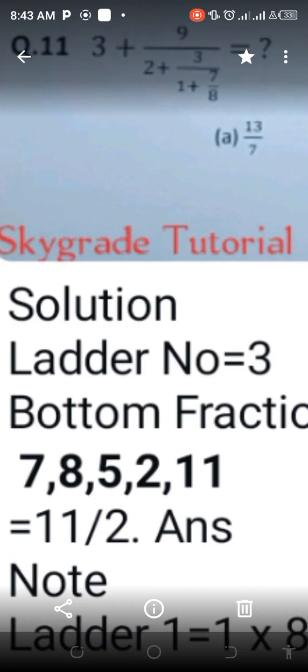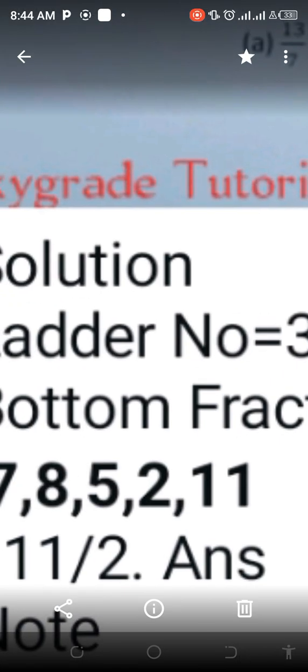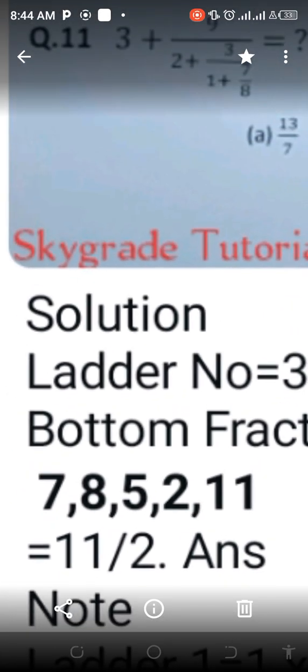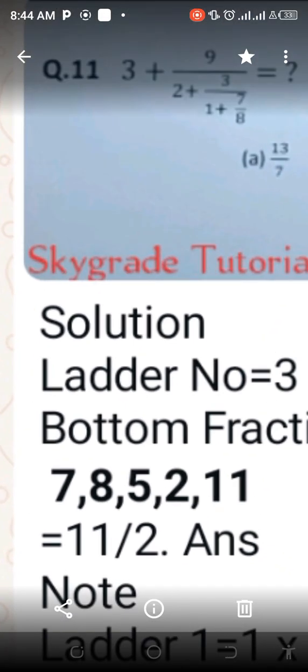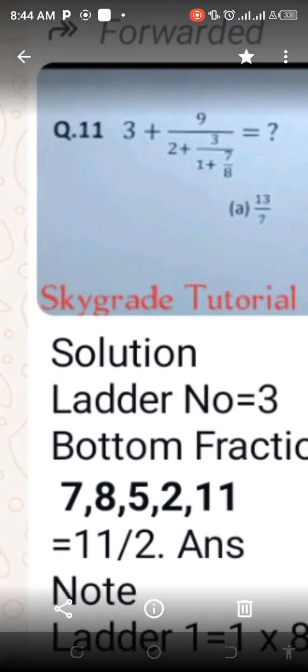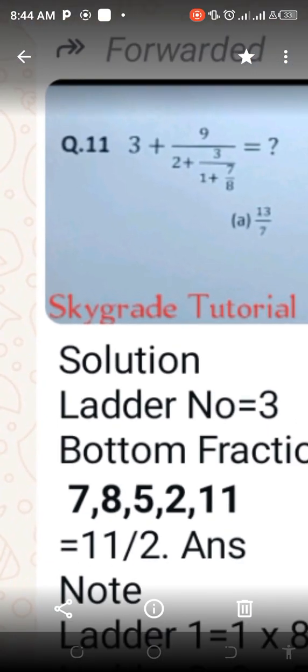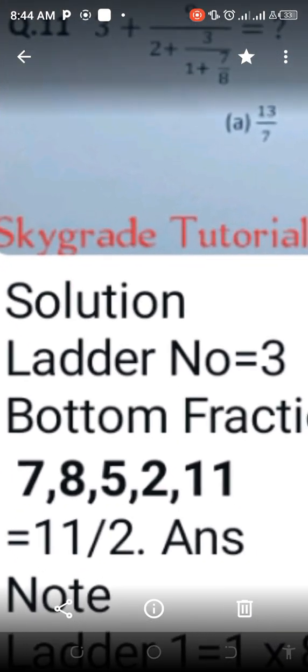Now the value of the third ladder in the question is 3. That means the third ladder will be 3 times 2 plus 5. 3 times 2 is 6. 6 plus 5 is 11. So the third ladder is 11. So the solution now is 11 over 2.